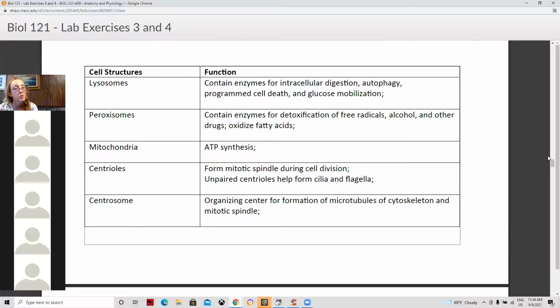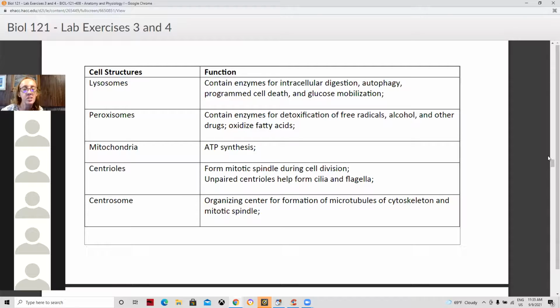So lysosomes contain enzymes and protein catalysts that are involved in digestion. Autophagy, meaning the cell digests itself, happens when the cells die. Programmed cell death means the cell is programmed to essentially commit suicide. Glucose metabolism. Excuse me, glucose mobilization. I can't believe I said that.